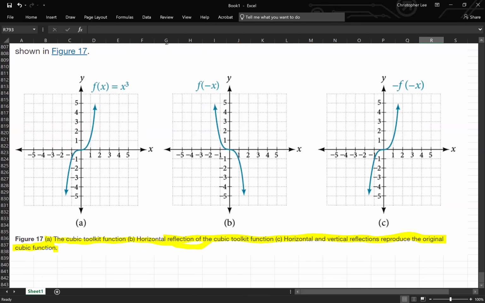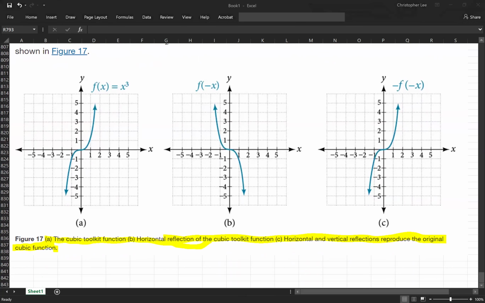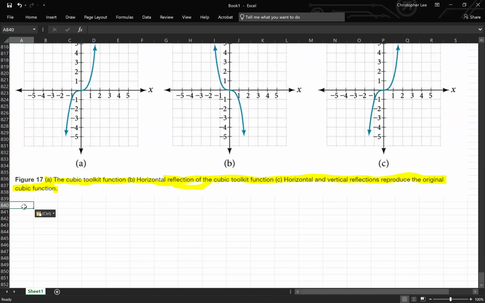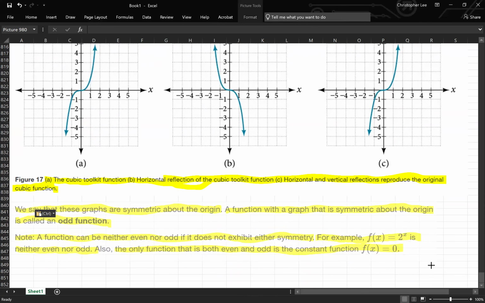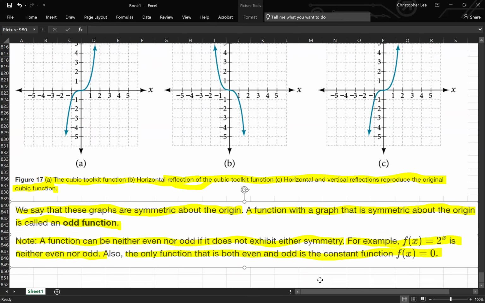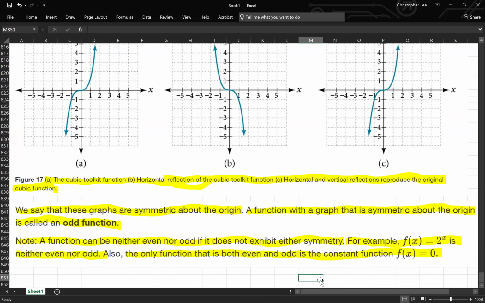What does that mean? I'll tell y'all right now. We say that these graphs are symmetric about the origin. A function with a graph that is symmetric about the origin is called an odd function.